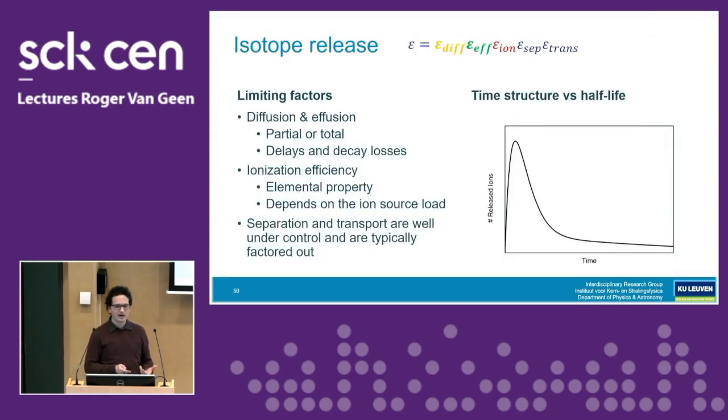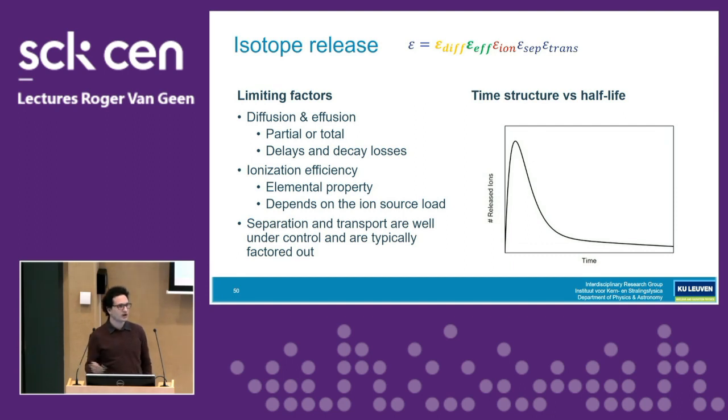So I want to come back to the efficiency in the release, because that's really the key. How do you get as much beam at the end? You get your best cross-section, you get your best luminosity, and you get your best efficiency. And this is where there is a lot to be gained. So, limiting factors are diffusion and effusion, whether it's partial or total limitation.